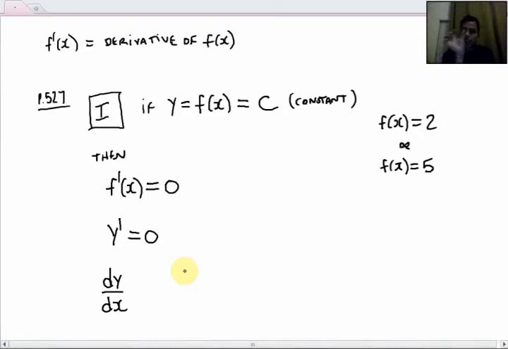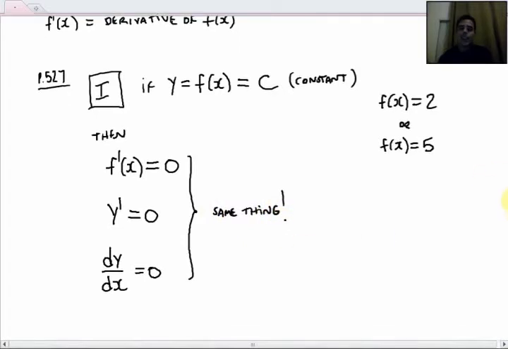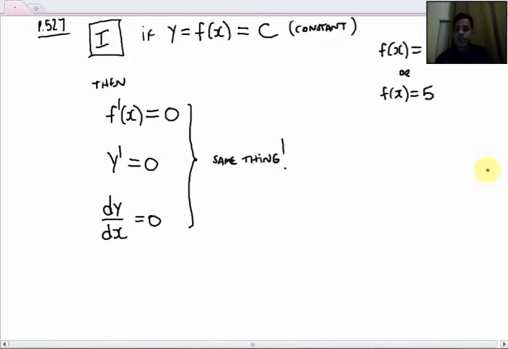So the y is changing a little bit, the x is changing a little bit, and you're dividing. So this really means derivative. These are the same thing. Anyway, if the function is constant, then the derivative is 0. That's the first formula.